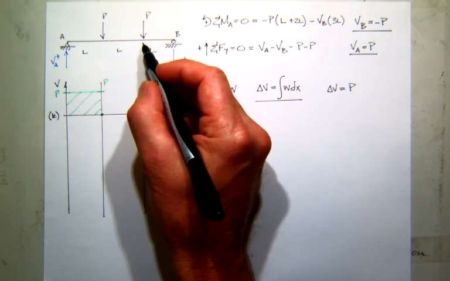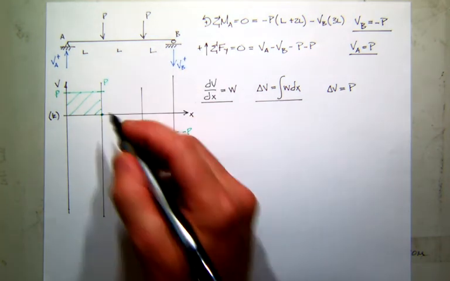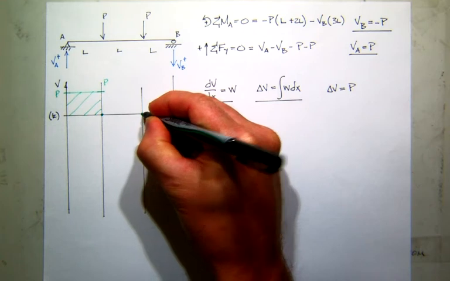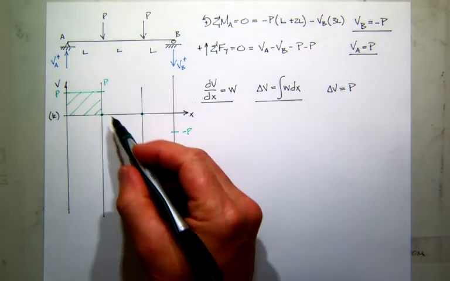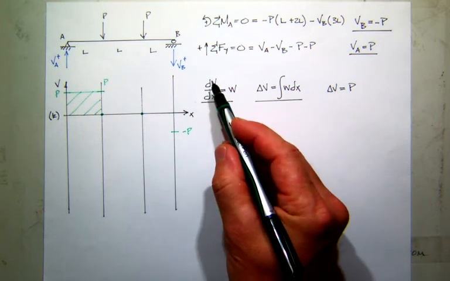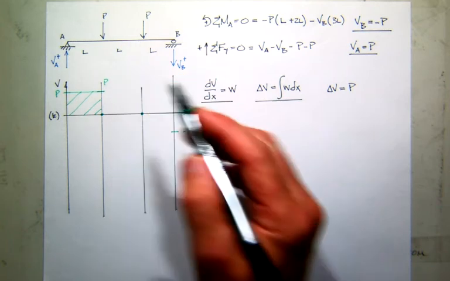There is no load. So if I start at 0 and I have no change, I have to end at 0. And what line connects those 2 points? Well, according to this, the slope of the shear diagram is equal to load. What's the load here? So it has 0 slope.